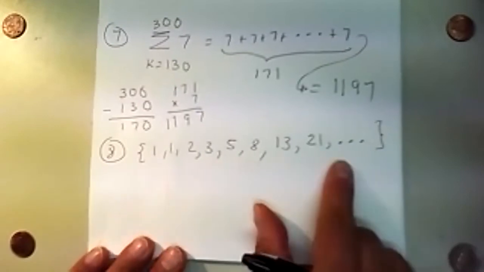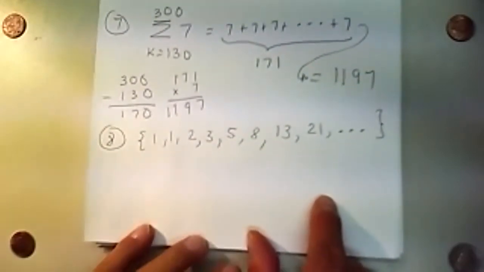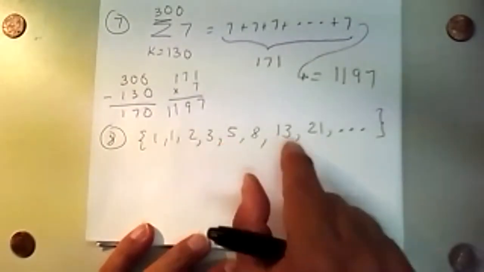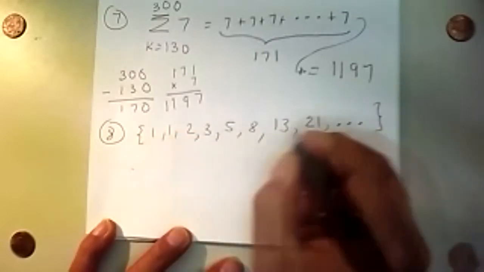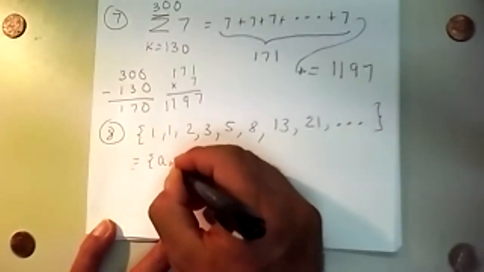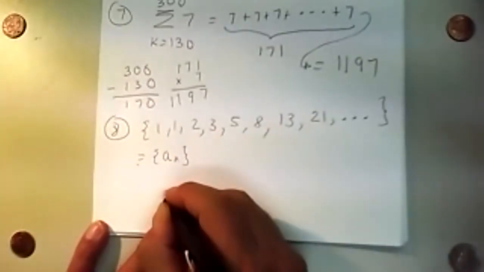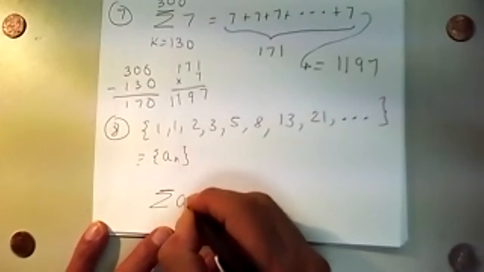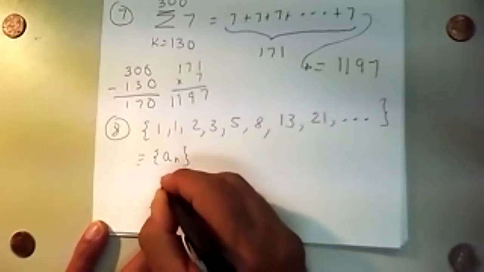So this is a difficult sum if we need to add numbers that are far out. So for instance, from 5 to 9, let's do that. Let's pretend that is the sequence A sub n, a symbol for sequence. And so we want the sum from n equals 5 to 9.